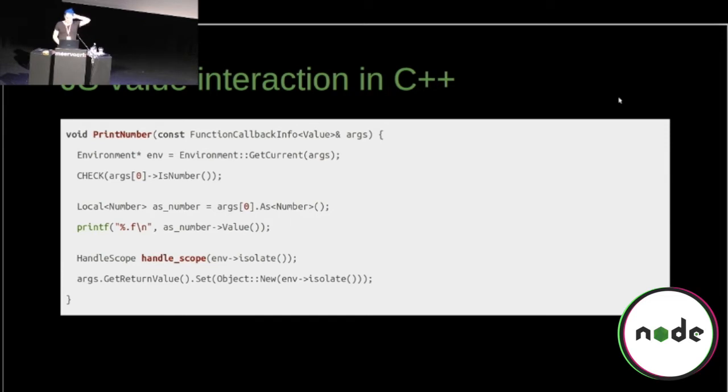The important parts are that each C++ function gets an arguments array. Here it's called args. It's the common style in Node.js. You interact with these JavaScript values through classes called Local, like Local<Number>, or Local<Value>, which is the most generic one.